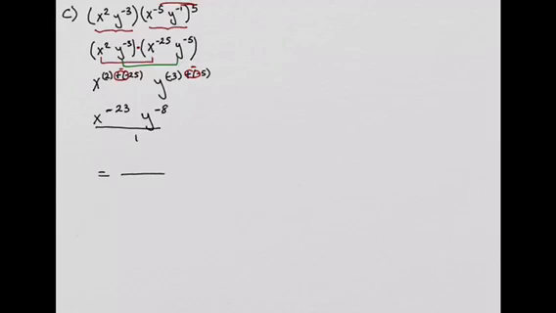So if we use the same rule, if it's the negative power in the numerator, bringing it to the denominator makes it positive. The y has a negative power, it is in the numerator, bring it to the denominator, makes it positive, and there's a 1 coefficient in the numerator. And this is our result for part C.